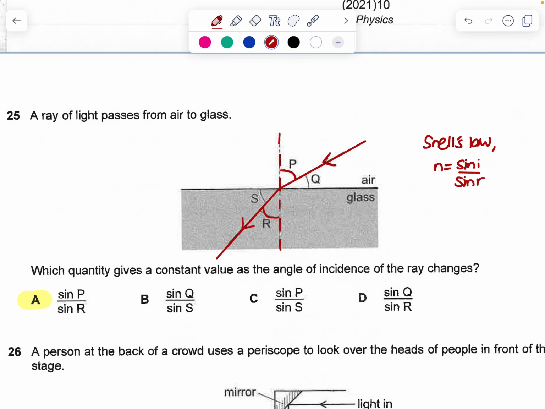Remember that I mentioned that light is always reversible as well. So if you use Snell's law and your refractive index n is less than 1, you reverse the angles.